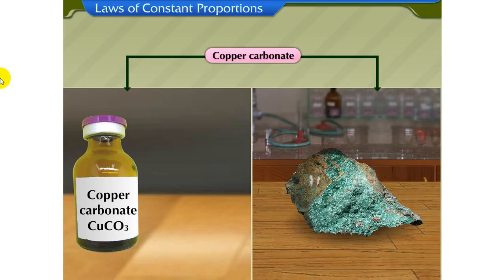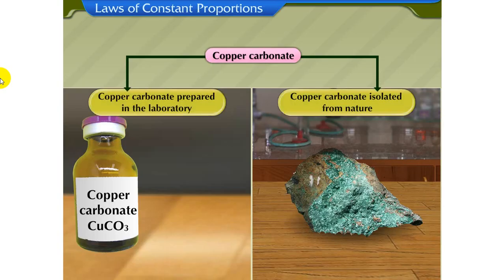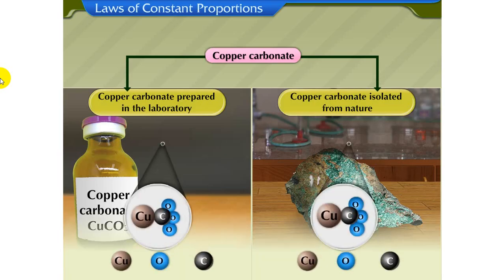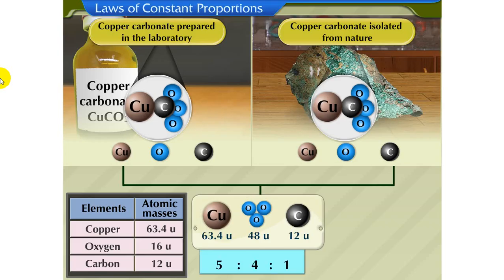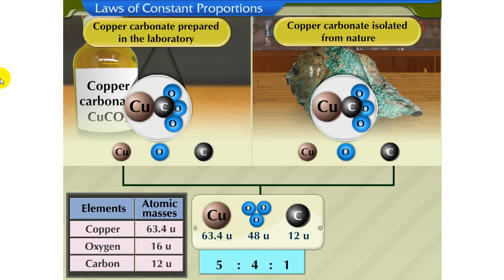Copper carbonate prepared in the laboratory or isolated from nature will always contain the same elements, copper, oxygen and carbon. The proportion of copper, oxygen and carbon will always remain 5:4:1 by mass, irrespective of the source of copper carbonate.